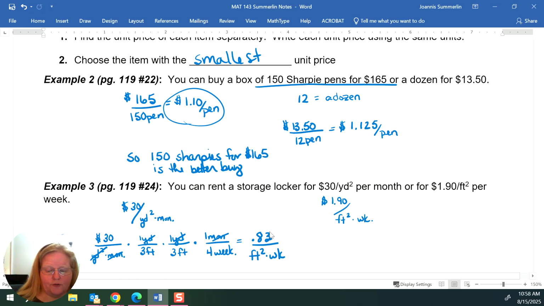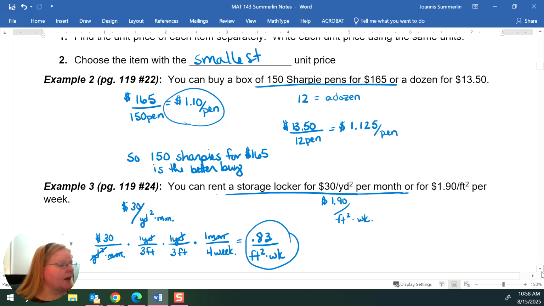Which one is smaller, the 0.83 or the 1.90? 0.83. So that means that this one is the much better deal.